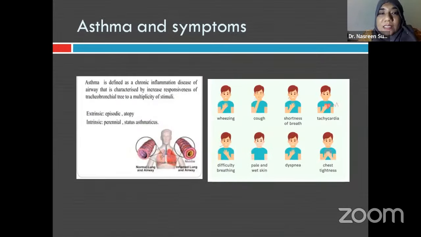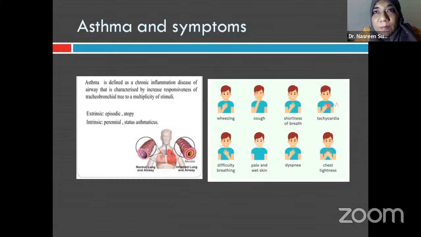Then the definition of asthma and symptoms. What is asthma? This is the most common disorder of the respiratory system. It is defined as a chronic inflammation, meaning it is a progressive disease. A chronic inflammatory disease of the airway, characterized by increased responsiveness of the tracheobronchial tree to a multiplicity of stimuli.